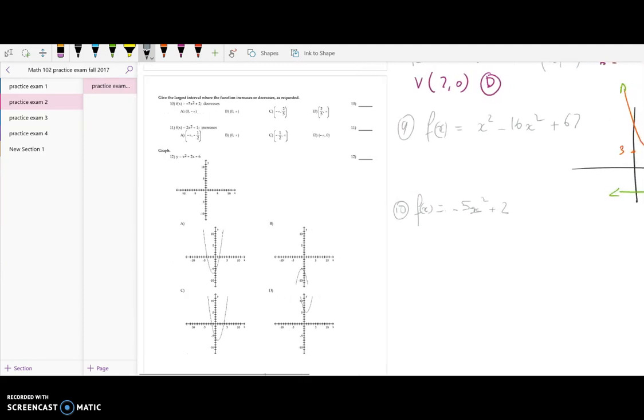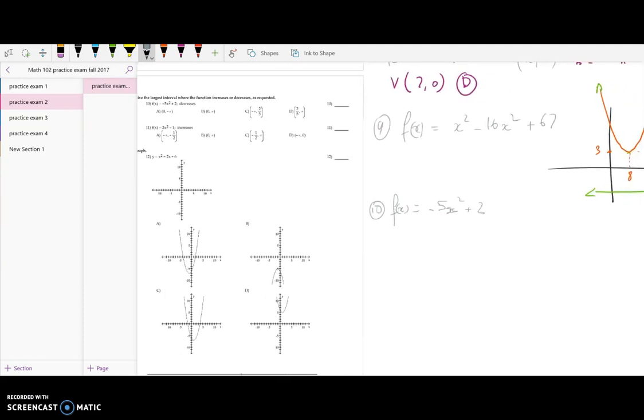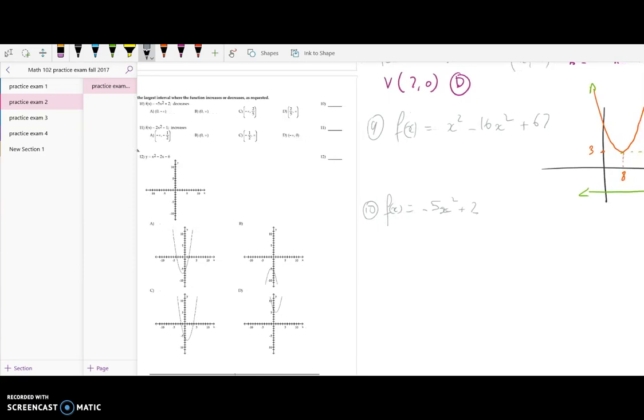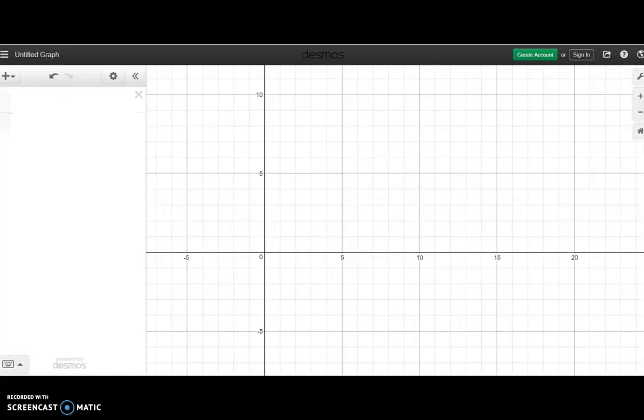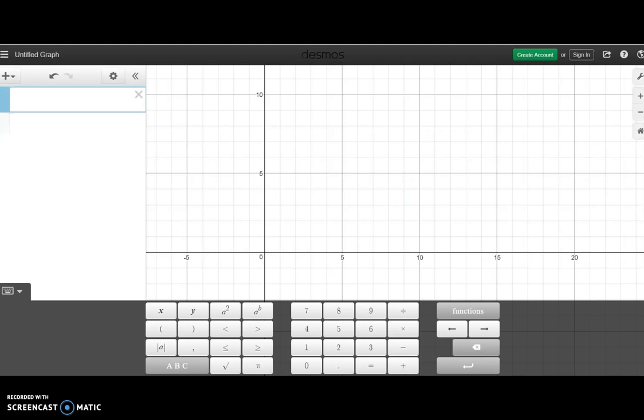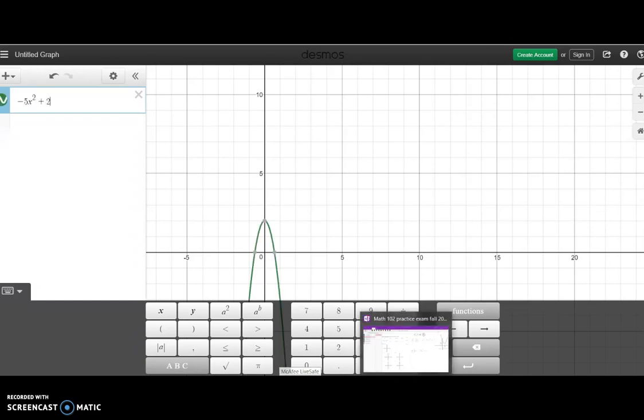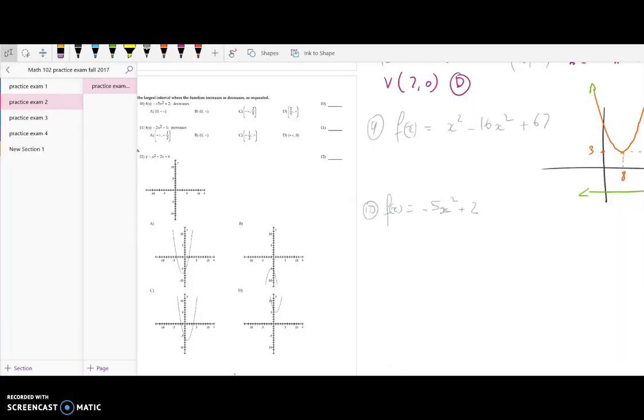And we give the largest interval where the function increases or decreases. So I'm going to go back to my graph of negative 5x squared plus 2. Let me check one more time. Negative 5x squared plus 2.